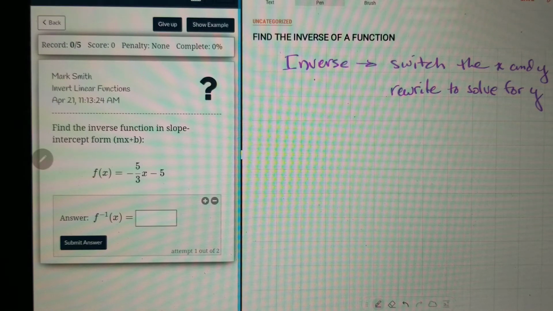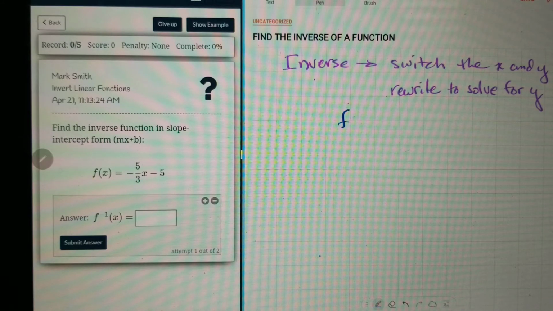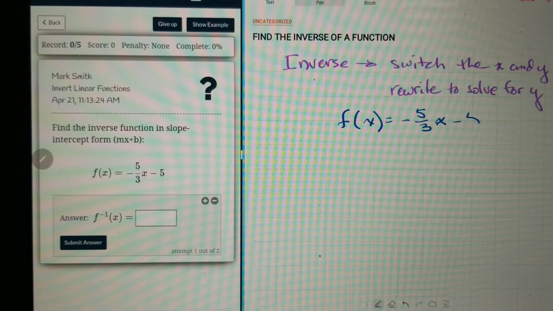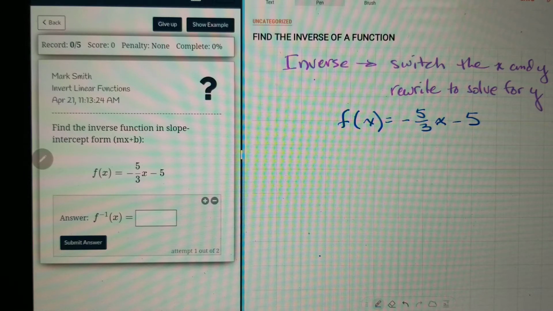Let's look at our first problem, which says find the inverse of this function. We have f of x equals negative 5/3 x minus 5. We already don't like this because it is a fraction. The first thing we have to remember, and I'll write a little note here in a different color, is that whenever we see f of x, f of x and y mean the same thing.